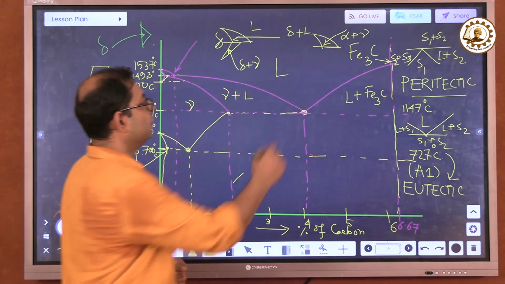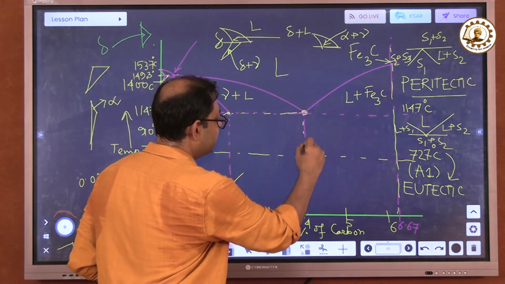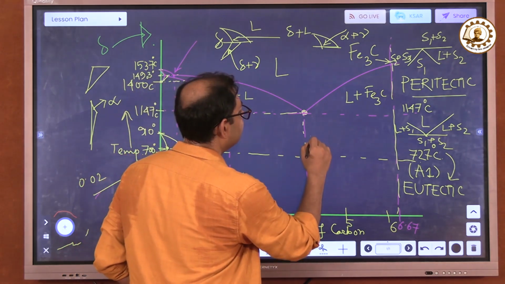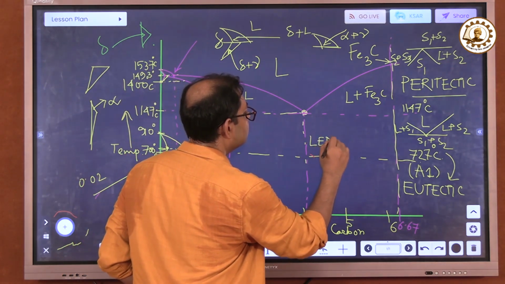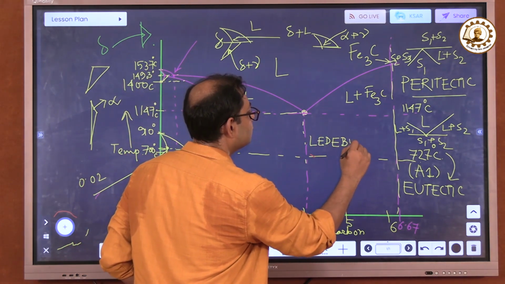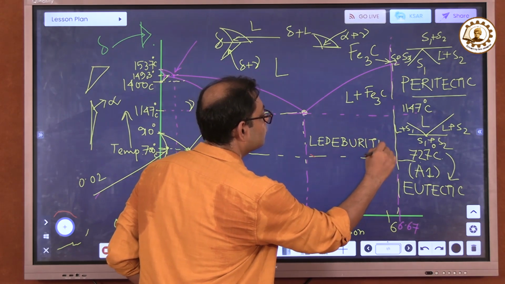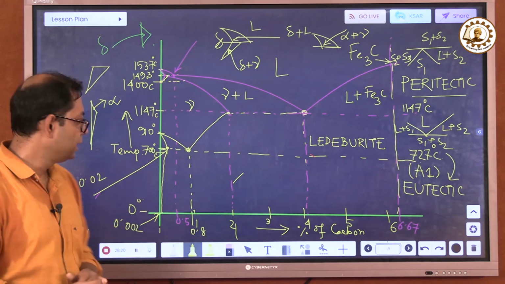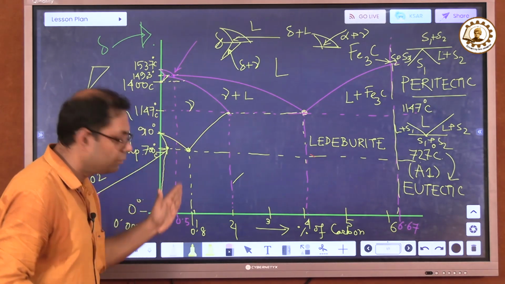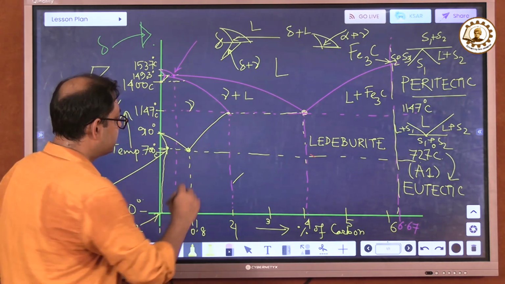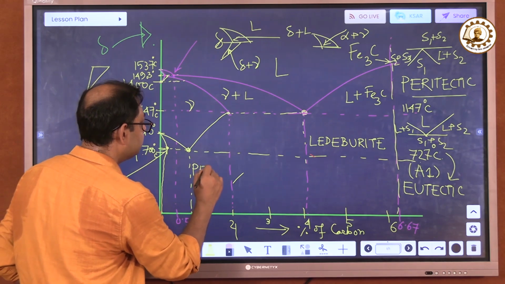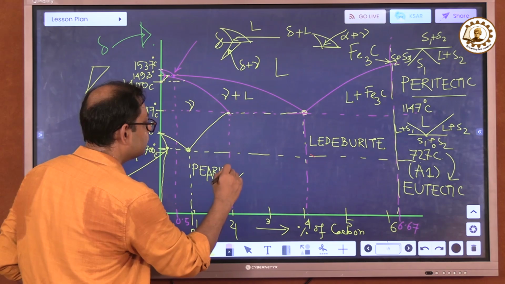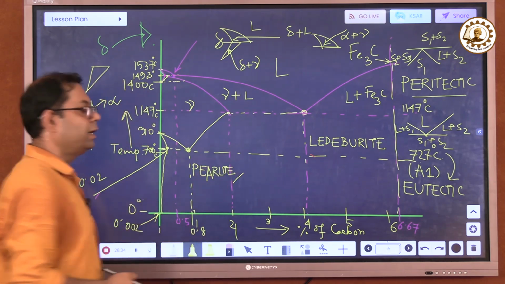And remember one thing, that at the eutectic point, this vertical line which I have drawn over here is the line of Ledeburite. Okay, remember this name. And the vertical line I have drawn from the eutectoid point is the line of Pearlite.